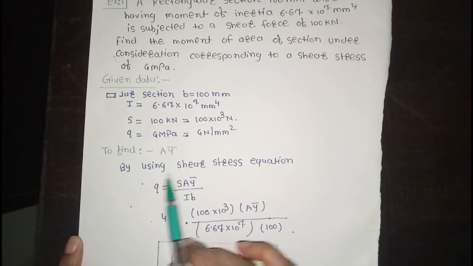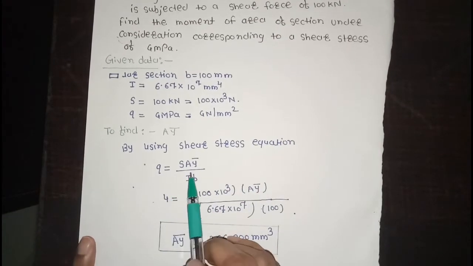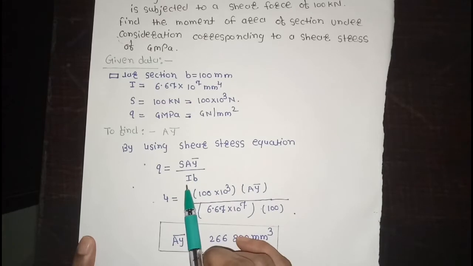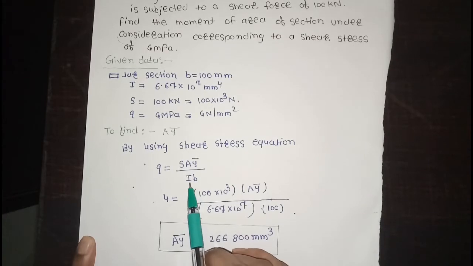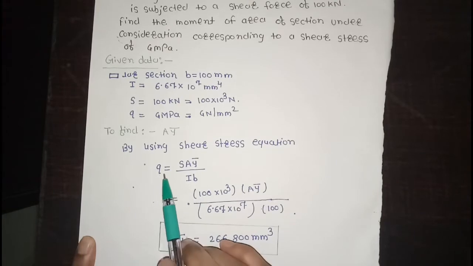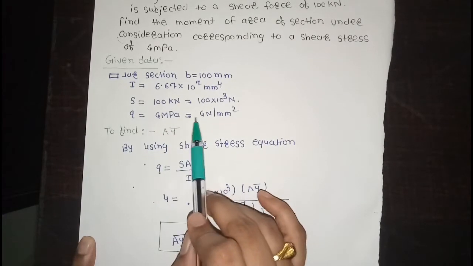By using the shear stress equation, Q is equal to S A y bar upon I B. S is shear force, A y bar is the moment of area, I is moment of inertia, and B is the width. So what is the value of Q in the given question? Q is equal to 4.